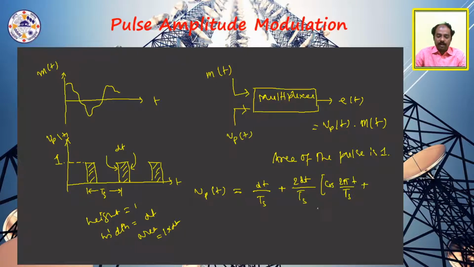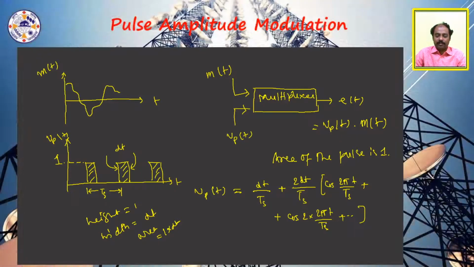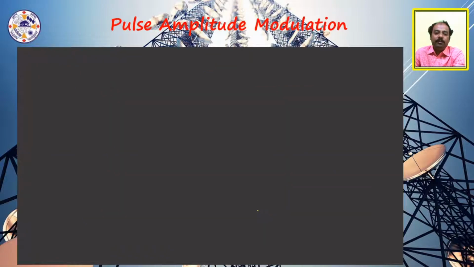This is the first term. I am expanding it, plus cos 2 into 2 pi t by ts plus etc. Fine. So I am just multiplying it with m(t). The modulated wave will be Vp into m(t).